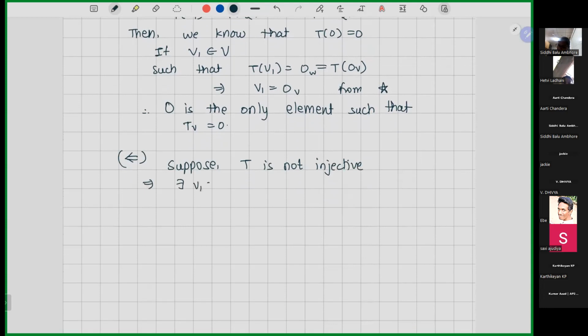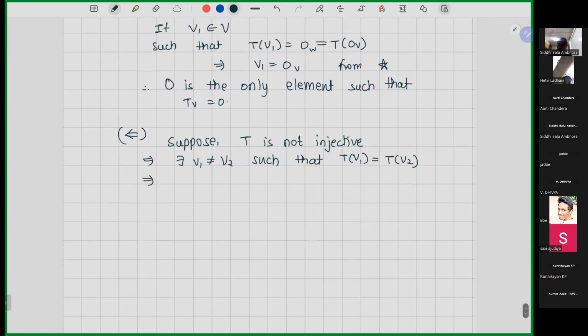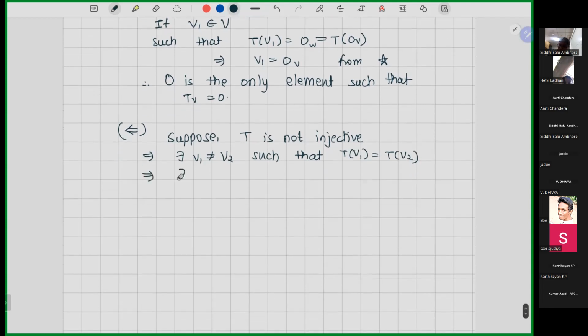There exist V1 not equal to V2 such that T of V1 is equal to T of V2. Then what does this imply? Since V1 is not equal to V2, this implies V1 minus V2 is non-zero, and T is a linear transformation.